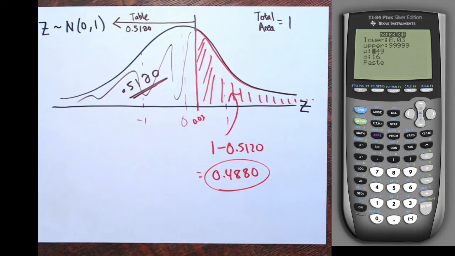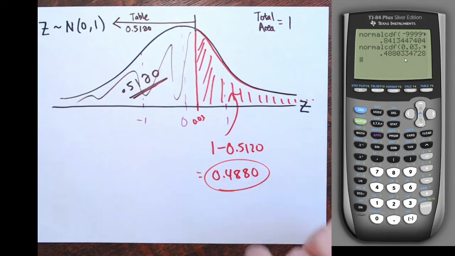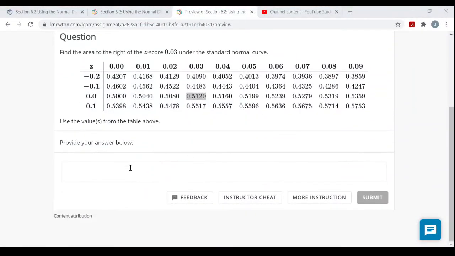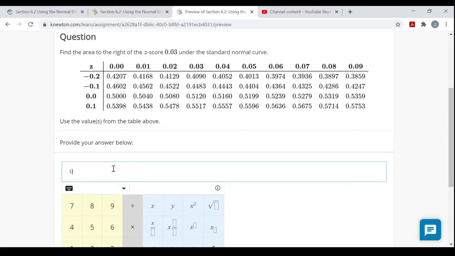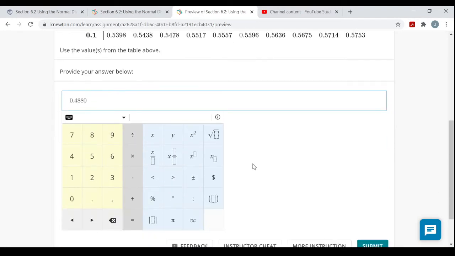Now this time it is the standard normal, so mean is 0, standard deviation is 1, and you see 0.4880, and then 3, and that would round to 0.4880, which is exactly what I got using the table. All right. So back here, and enter 0.4880.